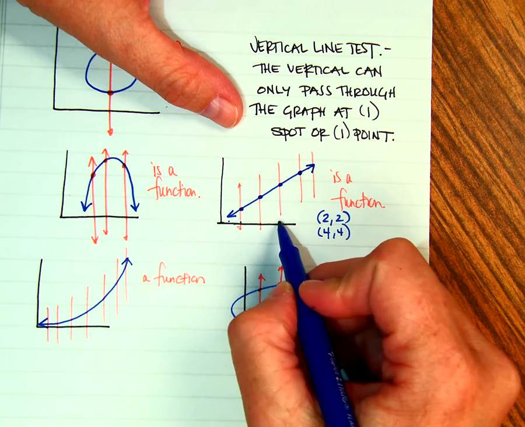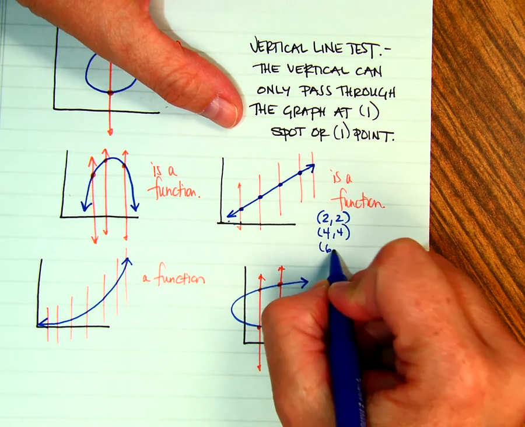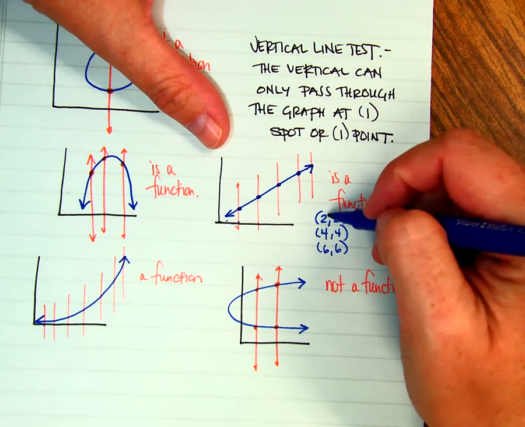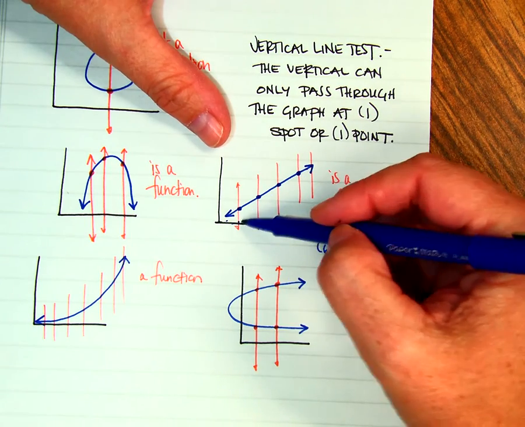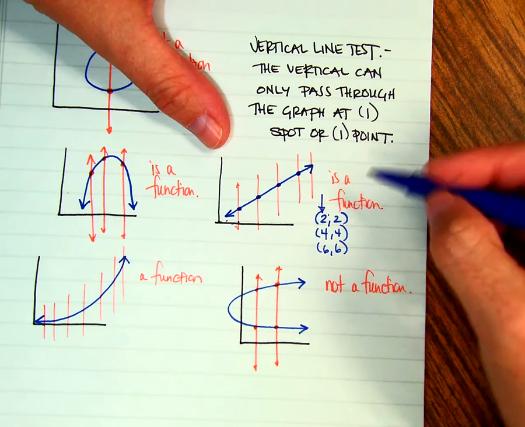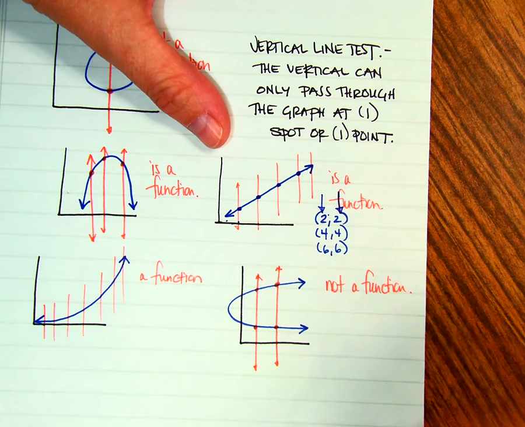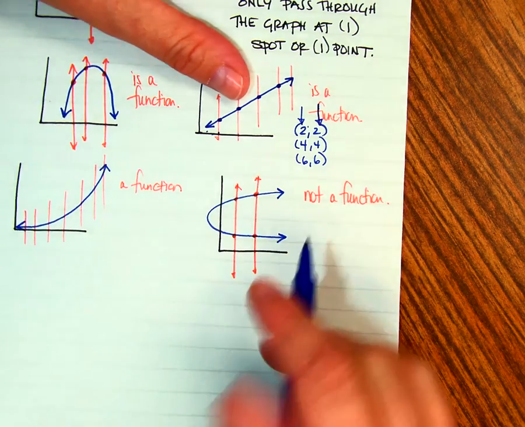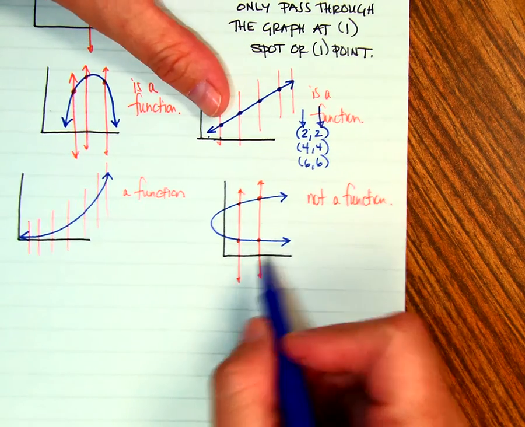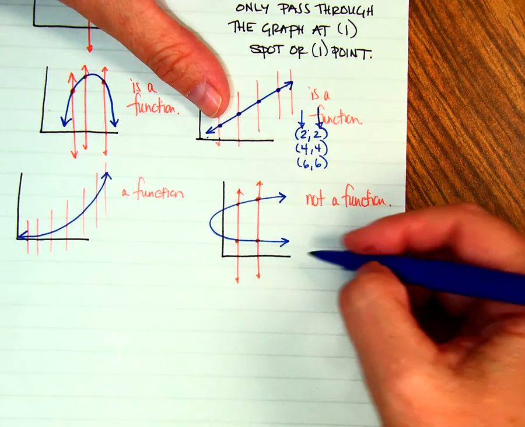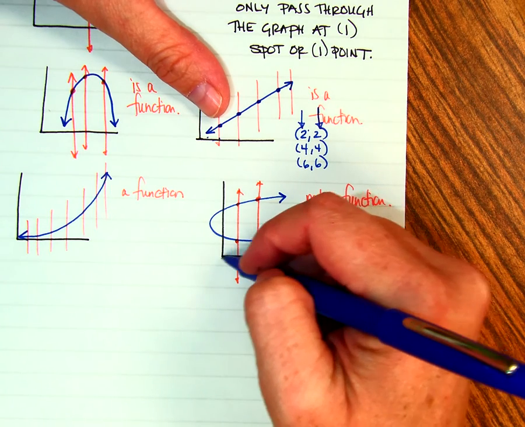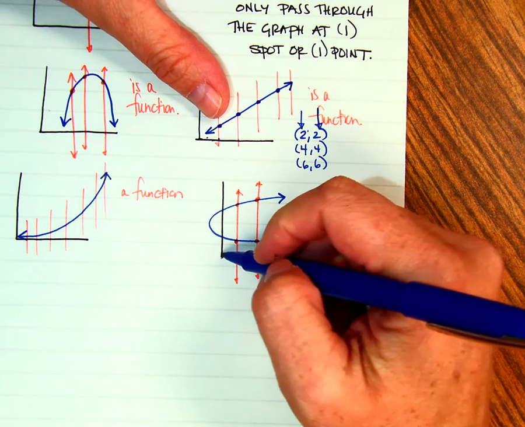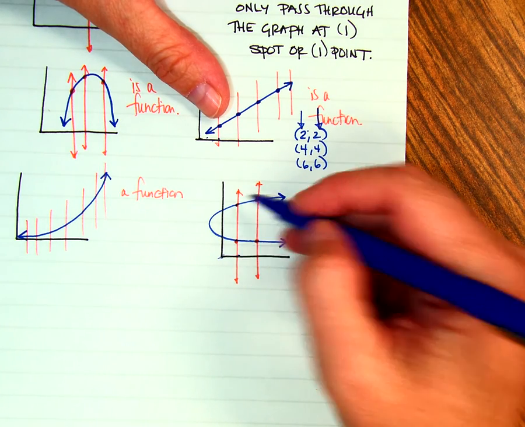This could be the ordered pair of maybe (6, 6), etc. Notice for every input, there is exactly one output, one unique output. If I go down to this one, that is not a function, and I do the same x and y table, maybe this is (2, 2), then this would have to be (2, 8).